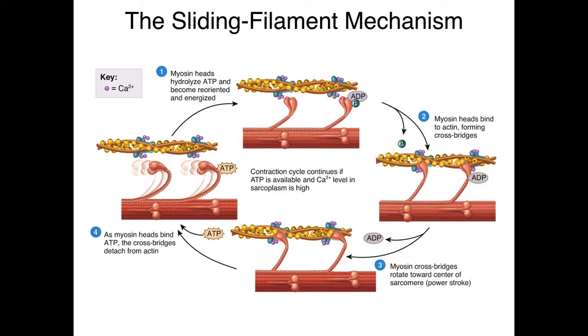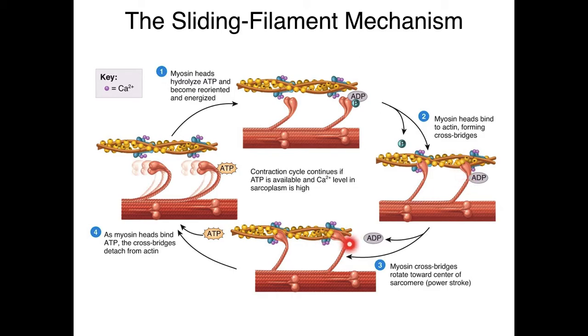And when ADP leaves, the filament is now charged. It causes the myosin cross bridges to rotate towards the center. So here the myosin is tilted straight up.